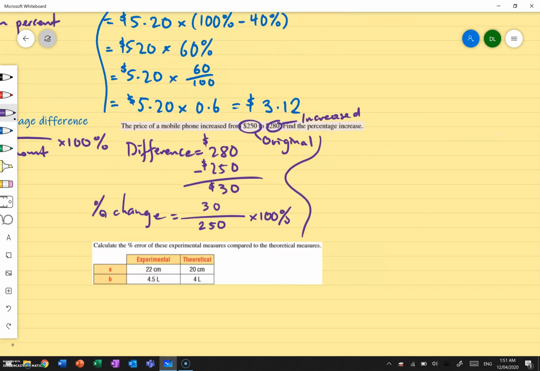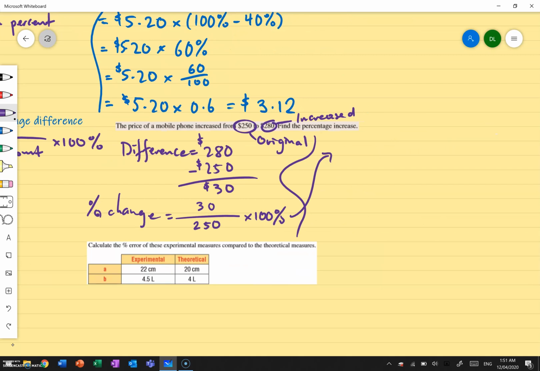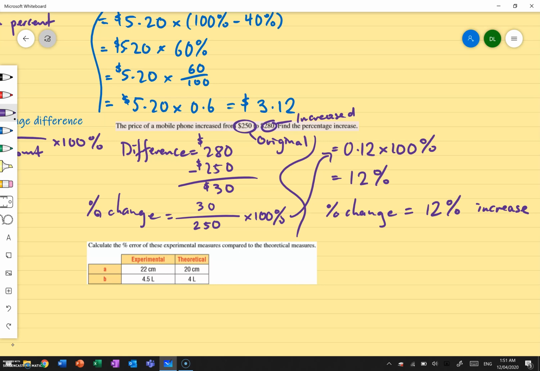So let's solve this over here. 30 divided by 250, you use your calculator and you end up with 0.12, and we still need to times by 100%. So after this, I end up with 12%, and that's my answer. My percentage change is equal to a 12% increase, and that's how we solve it. Awesome.